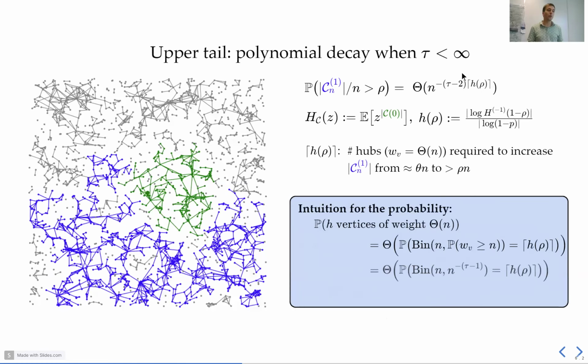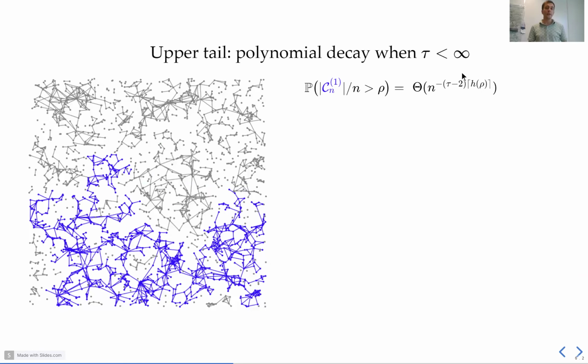So the goal is really to find the probability of the event of the giant being larger than rho times n. That's the goal, and we now want to find an event that realizes this. We want to find the best strategy that realizes this event.